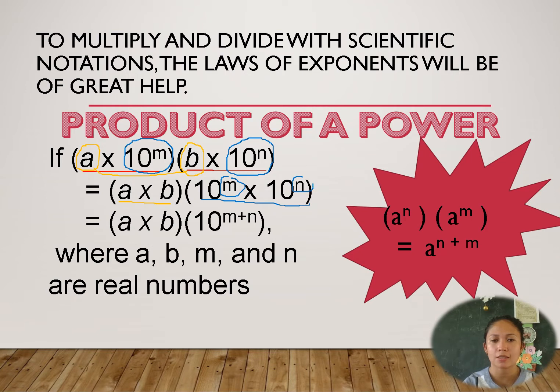So that is 10 to the power of m plus n, where your a, b, m, and n are real numbers. So simple. When you multiply two scientific notations, you multiply the first factors and then copy the base of the second factor, which is 10, and just add the exponents.